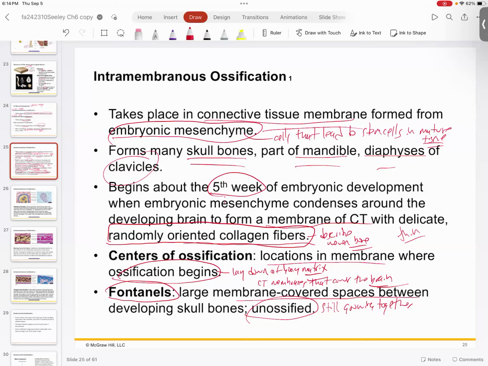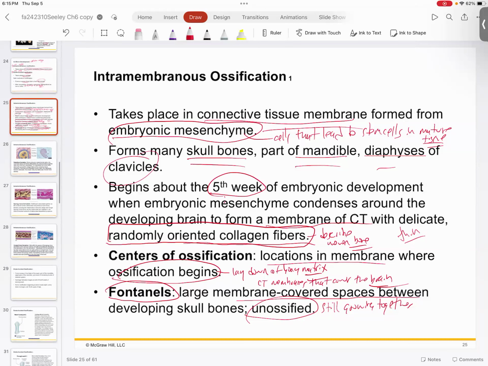So the reason why they're only incompletely fused is to make the baby's head a little bit elastic, so that as it's moving down the vaginal canal, it squeezes through the mother's birth canal, the head can warp and distort without damage because it's still pliable and soft. And basically when it's born, then those fontanelles will seal up and close up because they've served their purpose at that particular point.